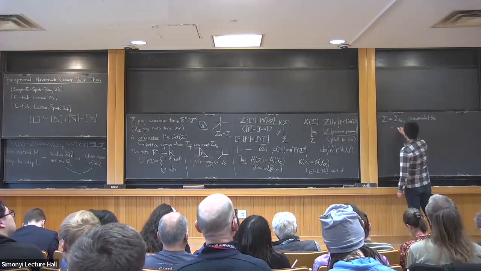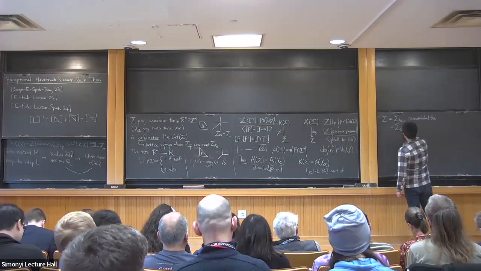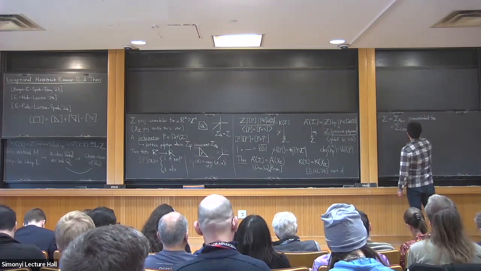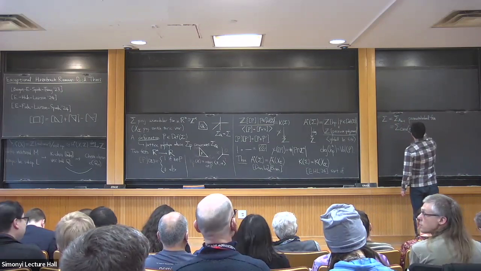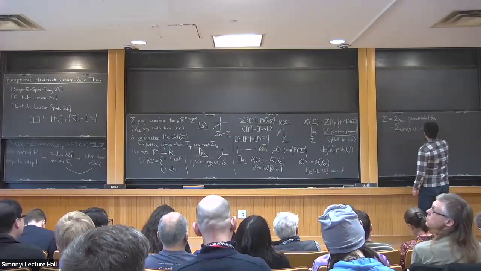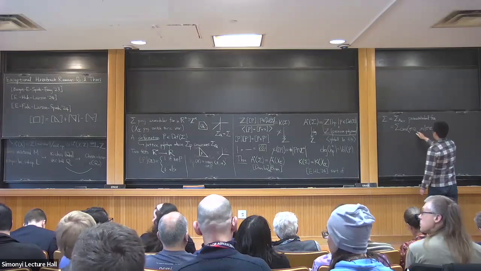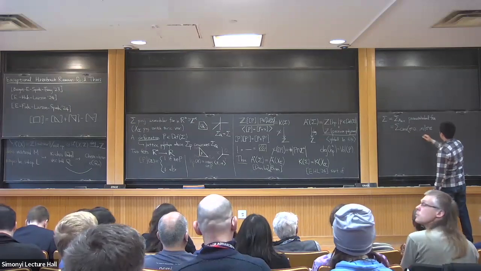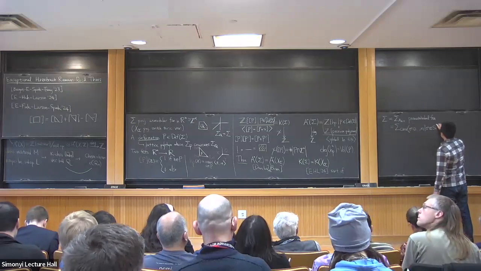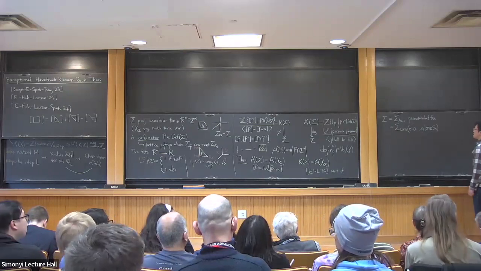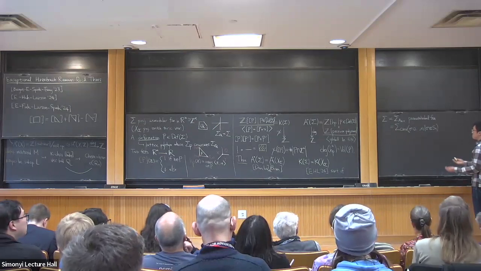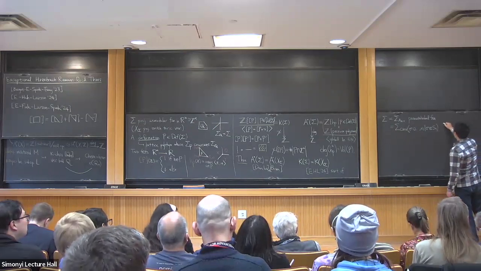At least definition-wise, this is the normal fan of the convex hull over all permutations of, let's say, the integer vector 1 through n. You permute the coordinates, take the convex hull, and take the normal fan.